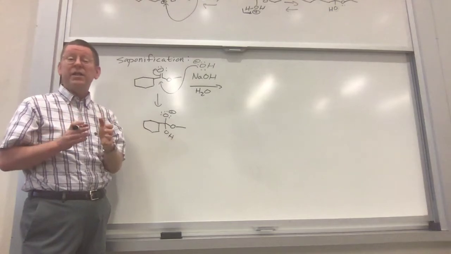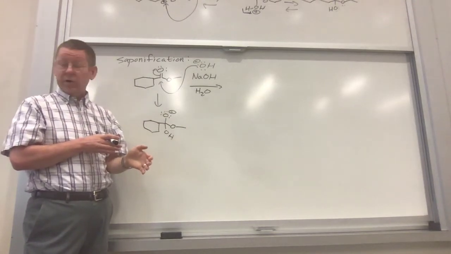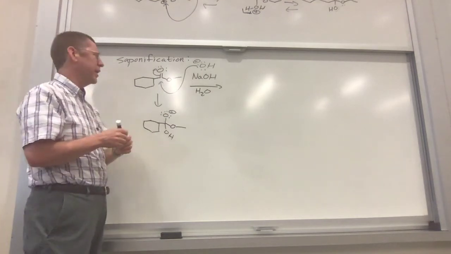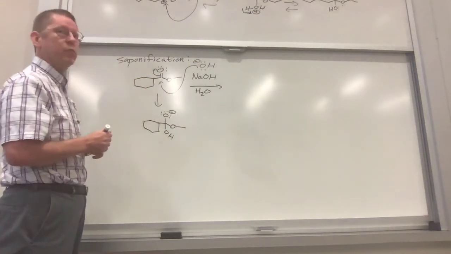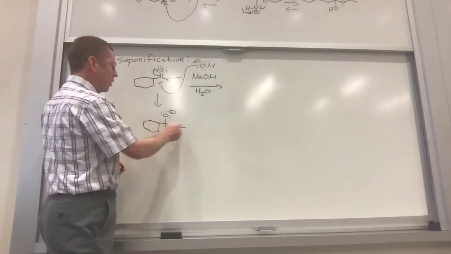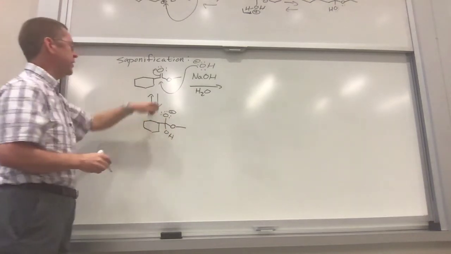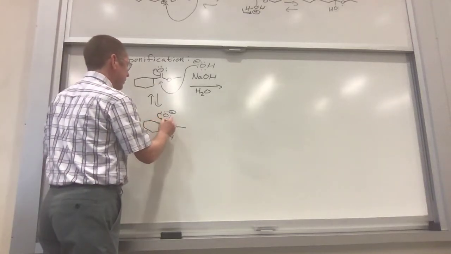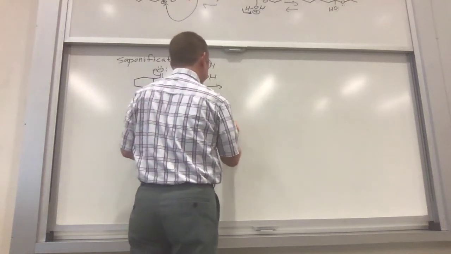A hydroxide leaving group under acidic conditions is never okay. Try to keep that in mind. Here, basic conditions, it's fine. We can lose hydroxide, or we can lose methoxide. So if we lost hydroxide, we'd just get right back where we started. If, however, we lost methoxide, now we're going somewhere.